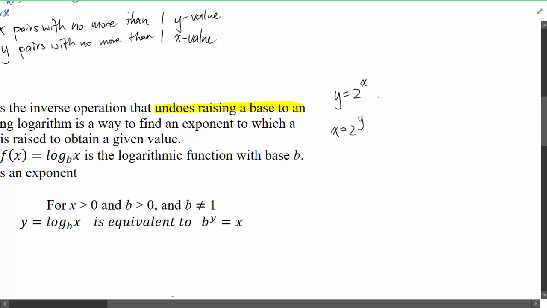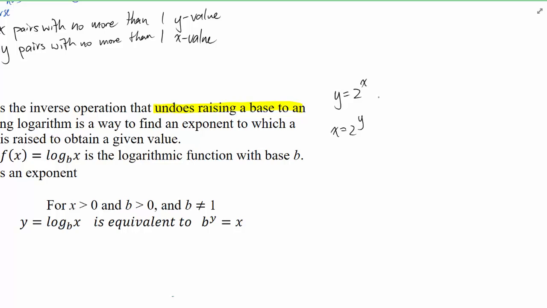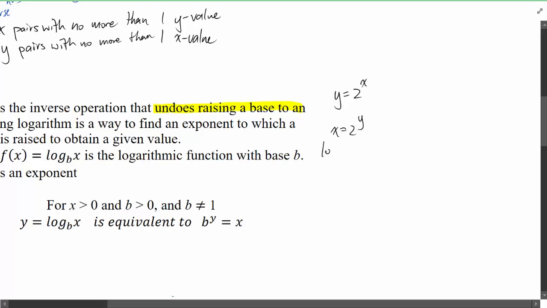So there's a term, undoes raising a base. What you do here is you take log base 2 of both sides. What this allows you to do is cancel this out, and then we're left with y equals log base 2 of x.